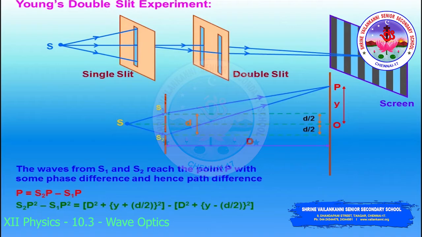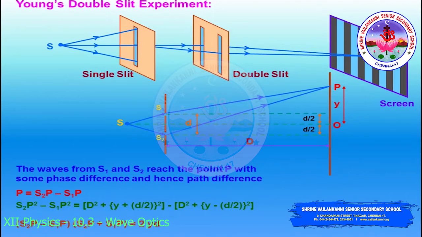This came from S2P square minus S1P square, taken on a triangle basis, so we got S2B square plus PB square minus S1A square plus PA square.